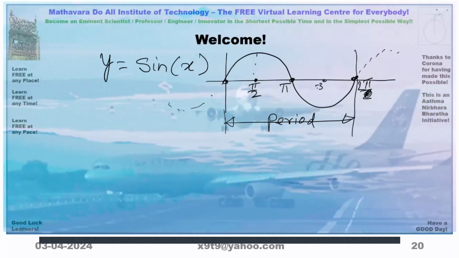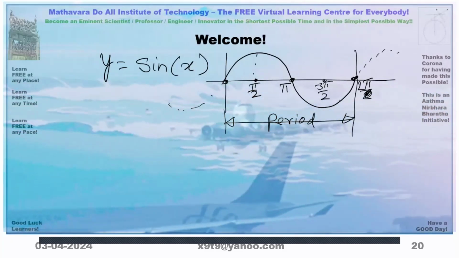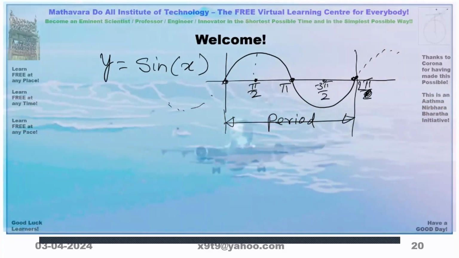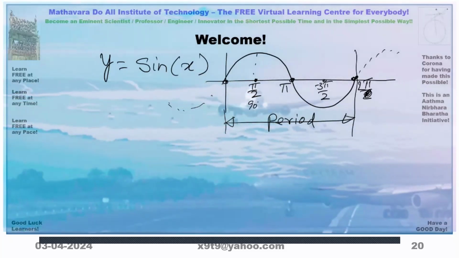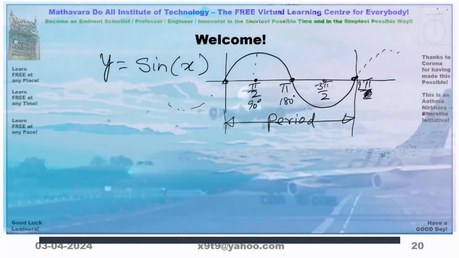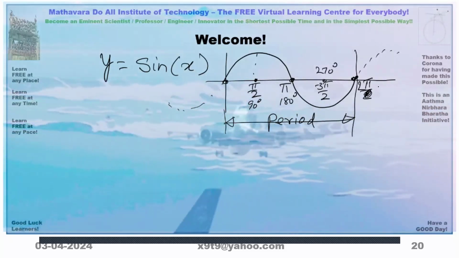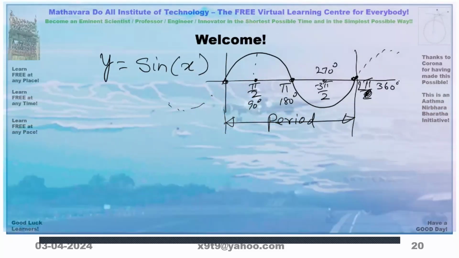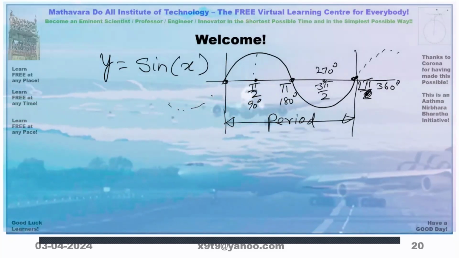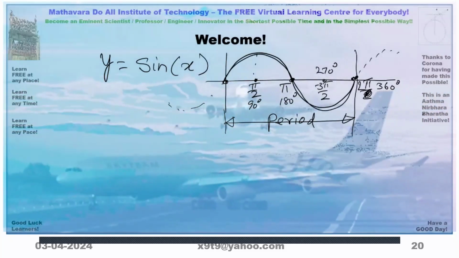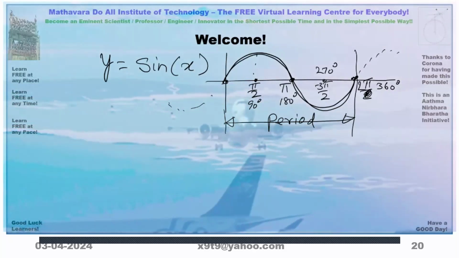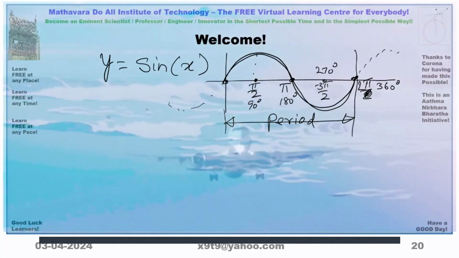This point is 3 times pi by 2. So this corresponds to 90 degrees, 180 degrees, 270 degrees. This is 360 degrees. So this pattern repeats again and again. That is the sin x graph.